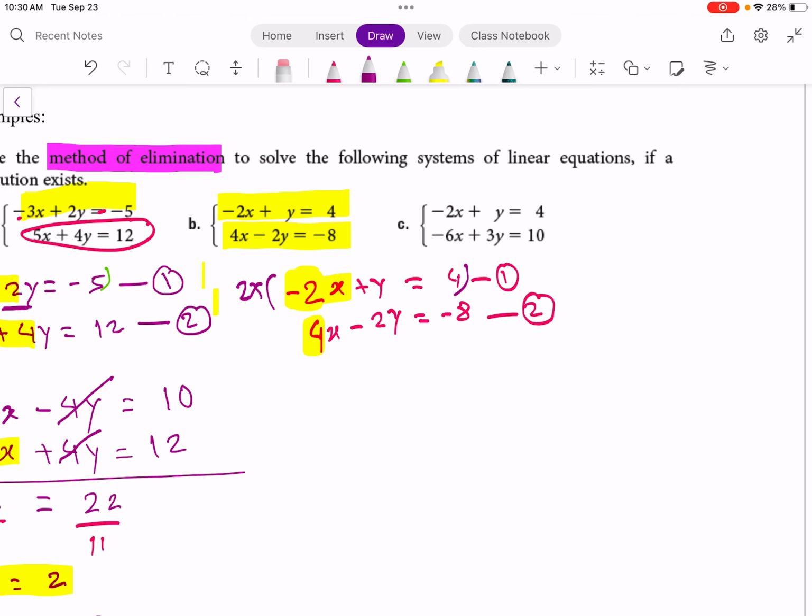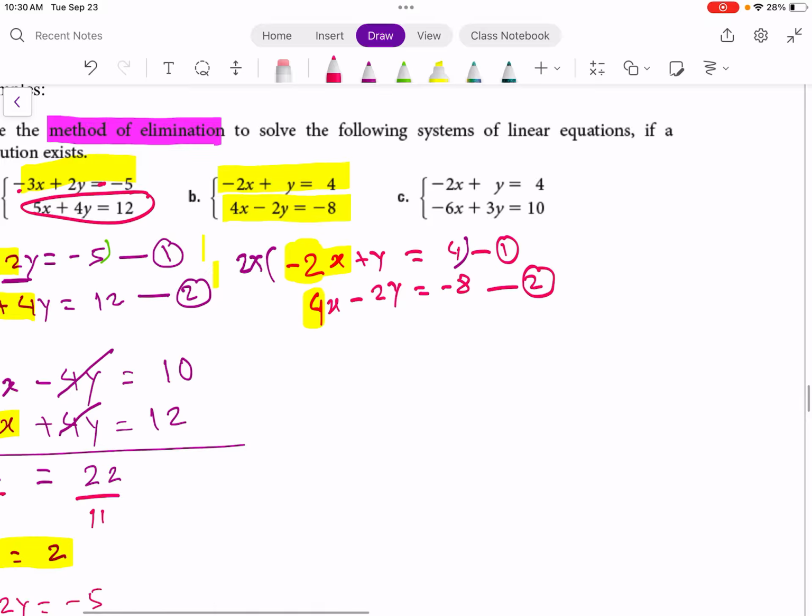But our target is eliminating our x. So let's multiply equation 1 by 2. And if you multiply, we get 2 times negative 2x, negative 4x, 2 times positive y, positive 2y, equals to 2 times 4, that is 8.